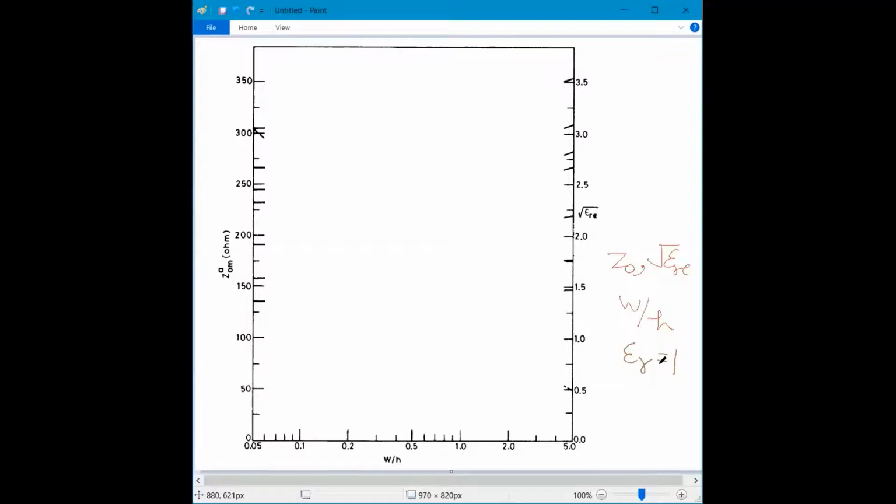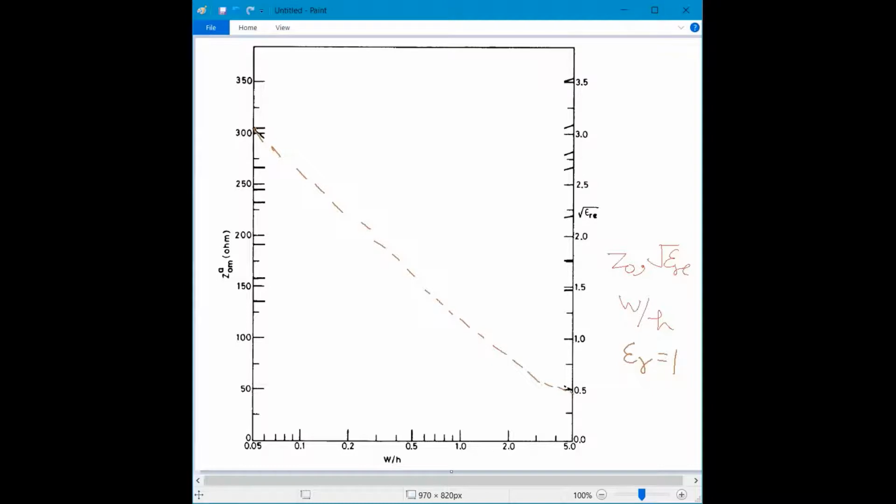It means there is only air. So the curve line will be like this. This dotted line is representing the relation between these three quantities. So here we can say that as the W by H, that is the ratio of the width of the microstrip line to the thickness of the substrate, increases, the characteristic impedance of the transmission line decreases.